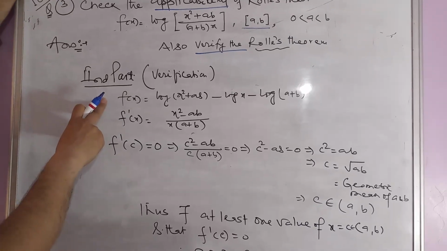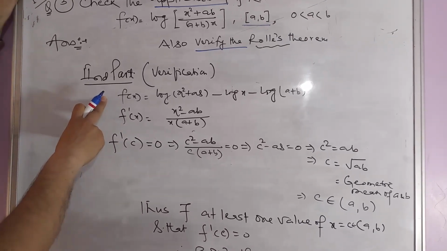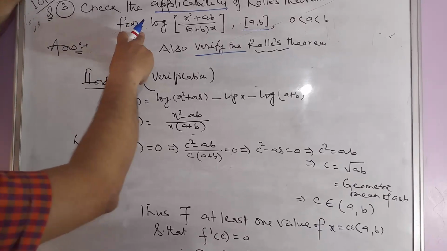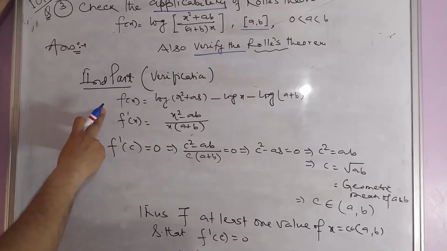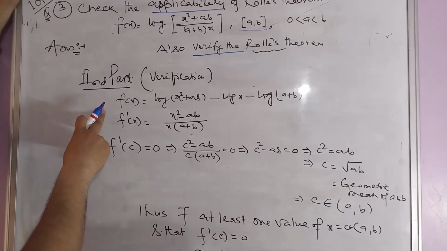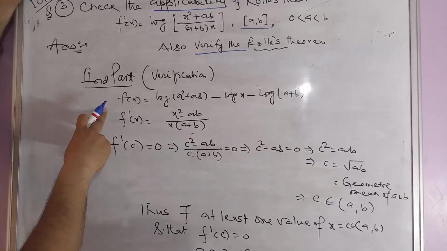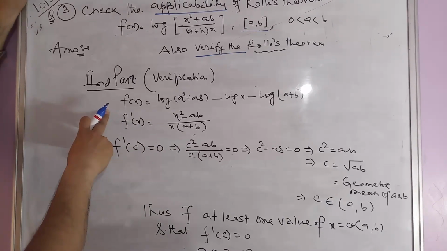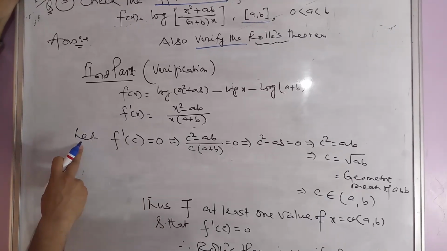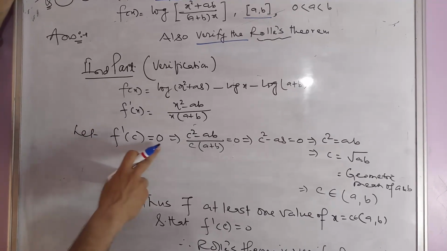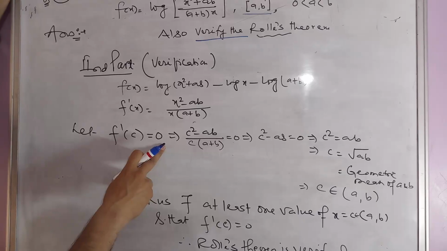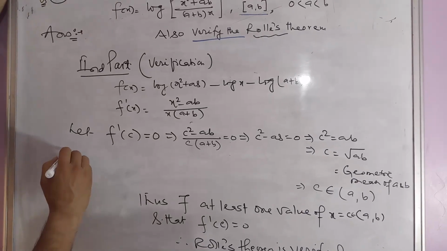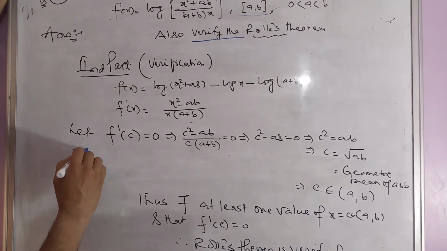Here these three conditions are fulfilled for the given function. So there must exist at least one value of x equal to c in the open interval (a, b), where f dash c equal to 0. So we let f dash x equal to f dash c equal to 0, where c is a value of x.